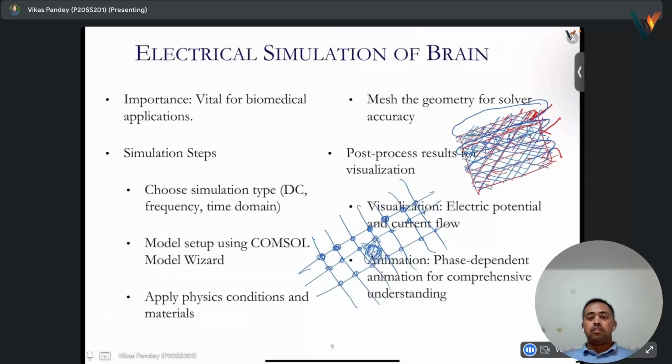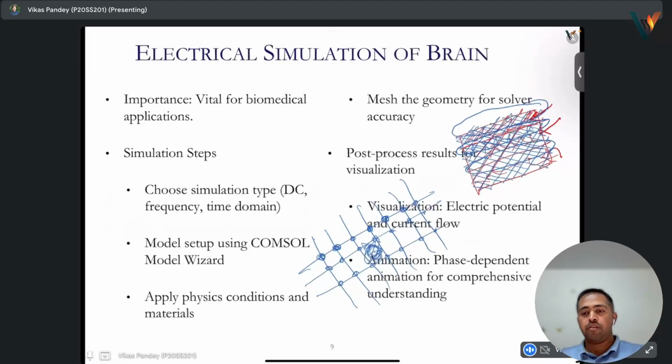We try to understand how the current or the charge profile is, and how the current is flowing through it. Then the second is animation, that is the phase dependent animation for complete understanding. So we keep it, and we see how the console will show, with different colors, how the charge flow is there, how potential is forming, and all these things.